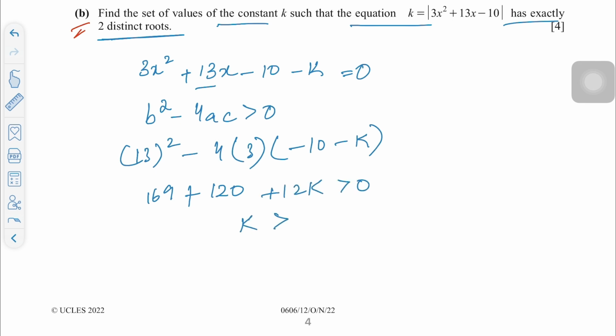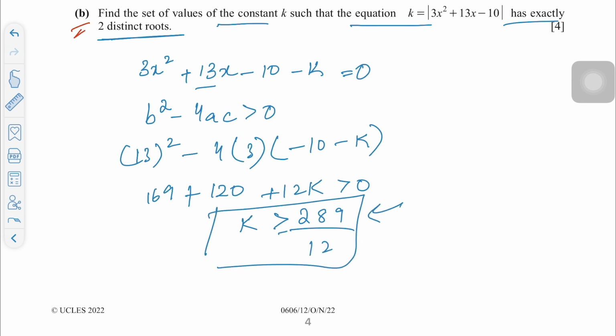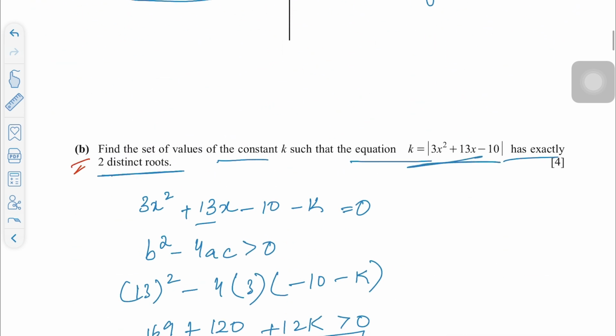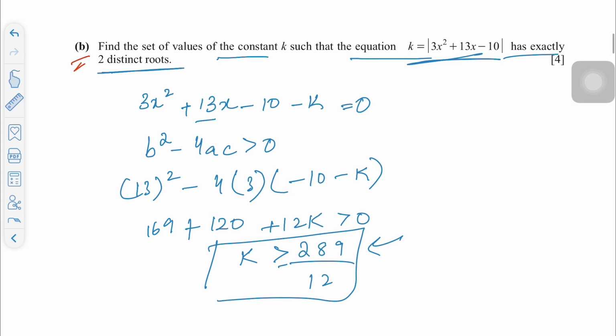So we get our k as negative 289 over 12. So the k has to be greater than negative 289 over 12, and k can't be negative because it is actually a modulus, right? So k should be greater than or equal to 0 when it has to have two distinct roots, right?